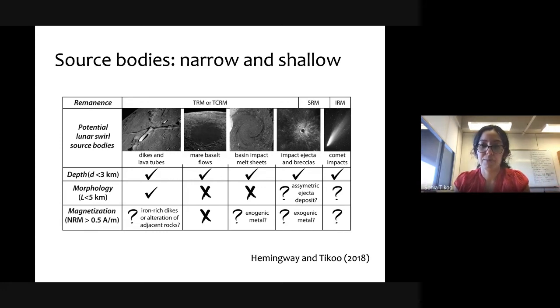And because of the presence of impactor-derived metal, like say you have an iron meteorite, or say you have a chondritic meteorite, which still contains a lot of metal in its body, having ejecta from that type of an impactor being dispersed would have areas on the lunar surface that have stronger metal contents and may record stronger magnetic fields. So we're sort of thinking that lunar swirl source bodies are either some kind of magmatic feature or some kind of impact ejecta feature.